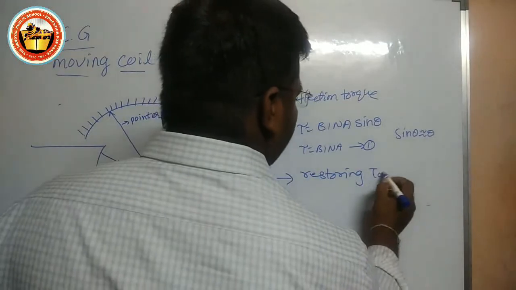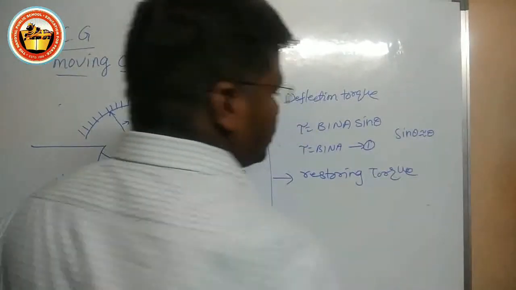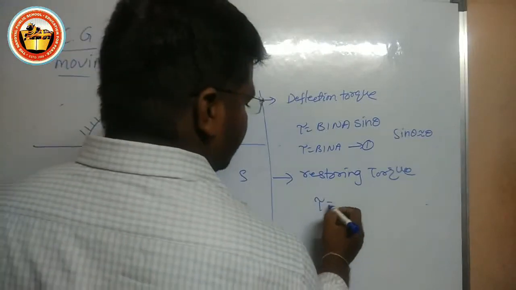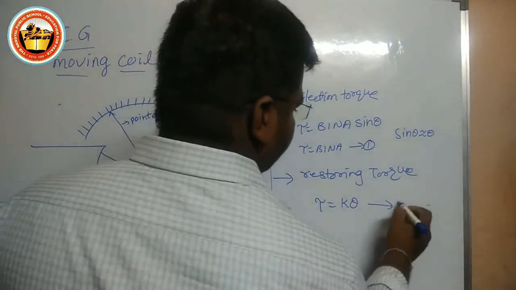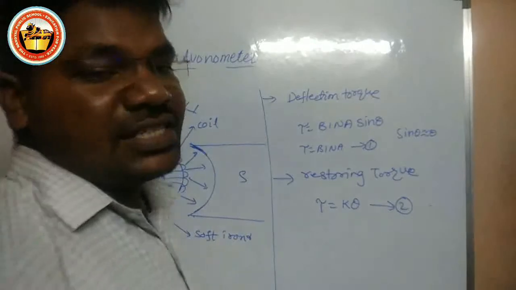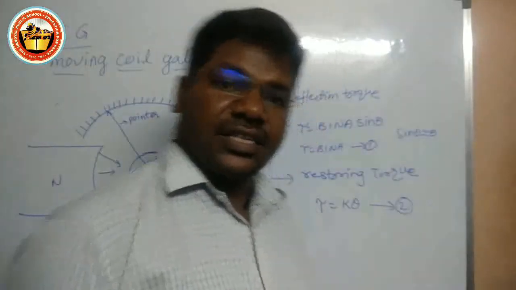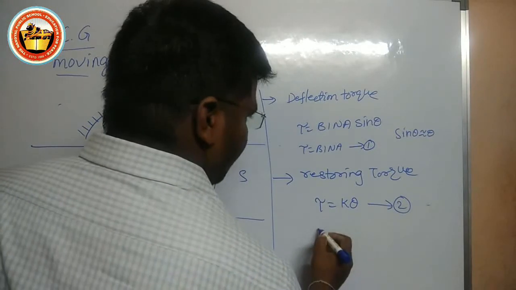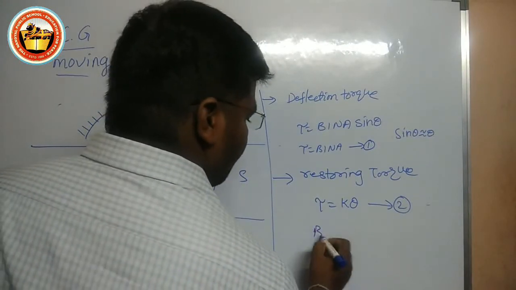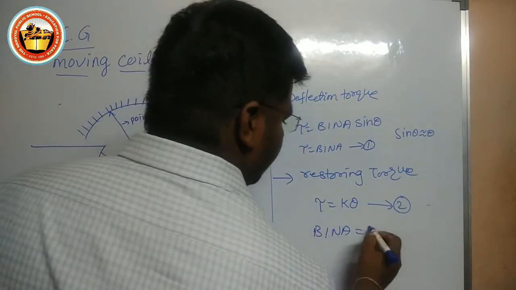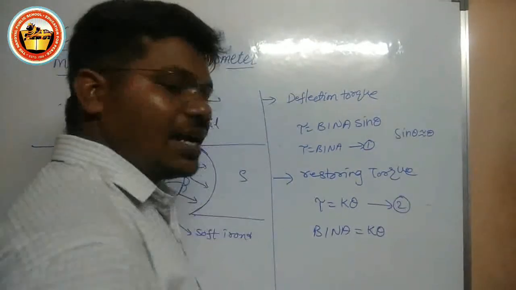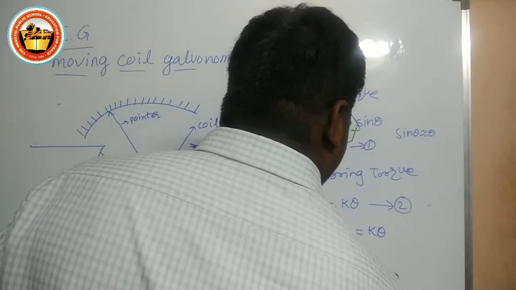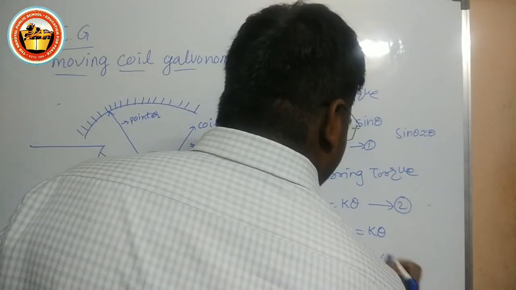So that we can say restoring torque due to the spring is tau is equal to k theta. K is some constant. From equations 1 and 2, BINA is equal to k theta. So I is equal to k by BNA into theta.